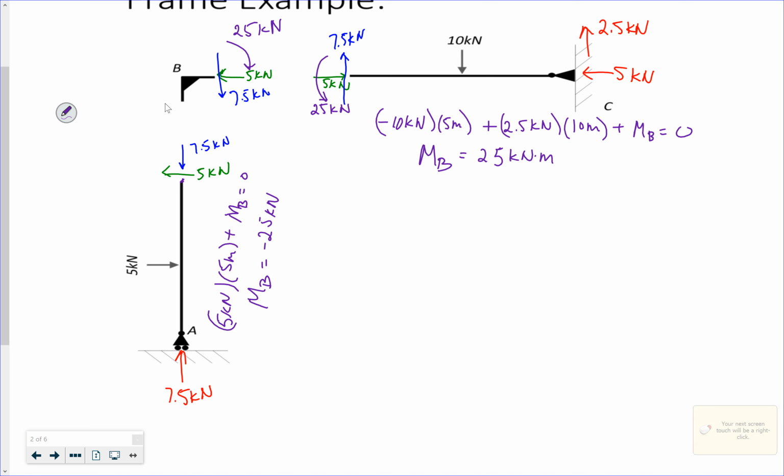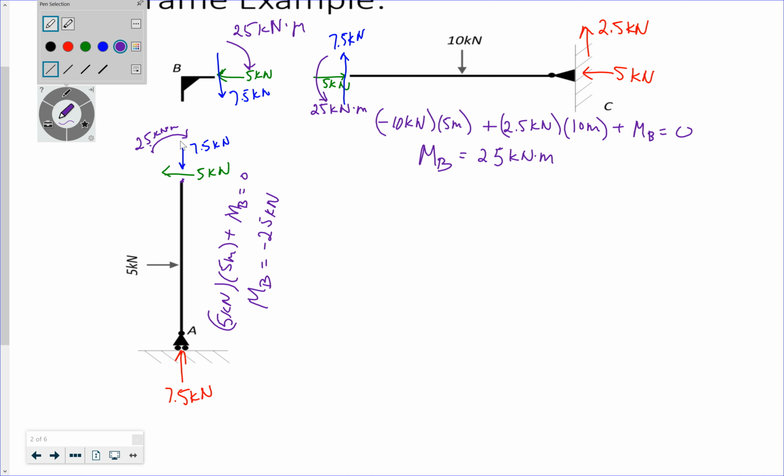So let's draw it acting clockwise. Oops, that needs kilonewton meters. Make sure it says 25 kilonewton meters for the beam too.